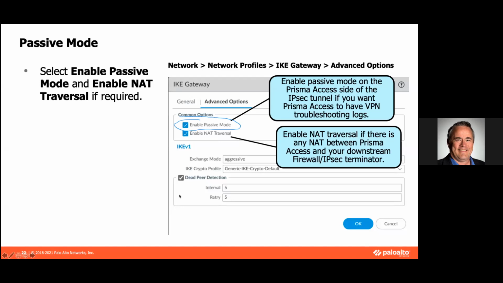NAT traversal, if you need it. If there's stuff between there, it's going to be natting things. Otherwise, we don't do NAT through the tunnels. But more importantly, enabling passive mode.